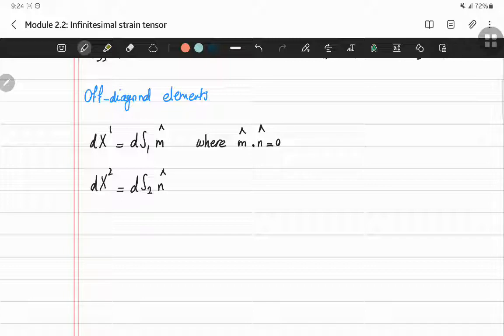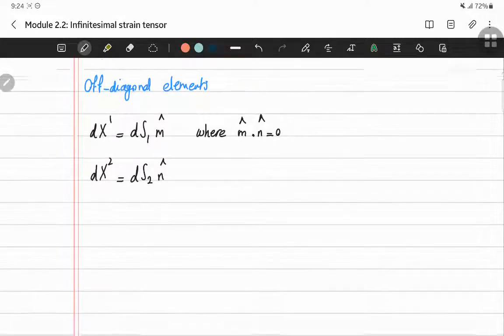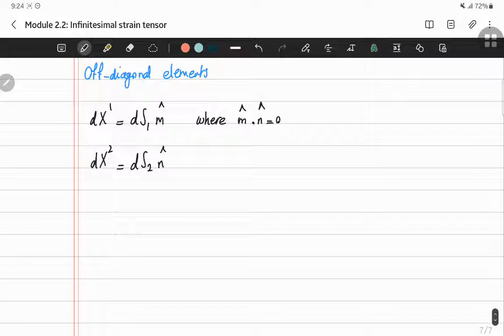So they're perpendicular to each other. This is very, very important. We also have the case where these two are not perpendicular or orthogonal, and their dot product is not necessarily 0. This creates a more complicated situation, which we're not going to get into in this module and these videos.